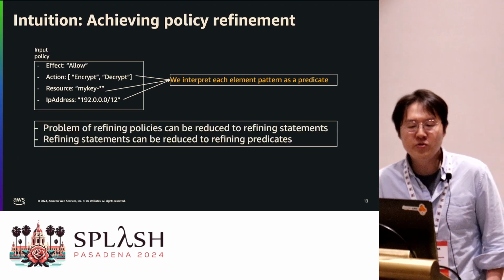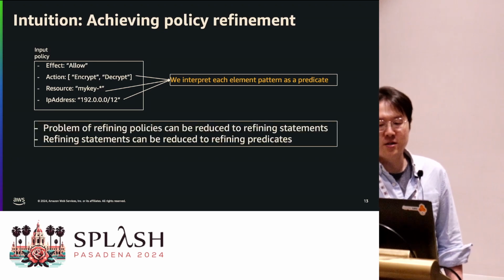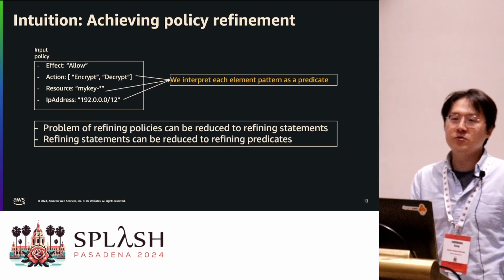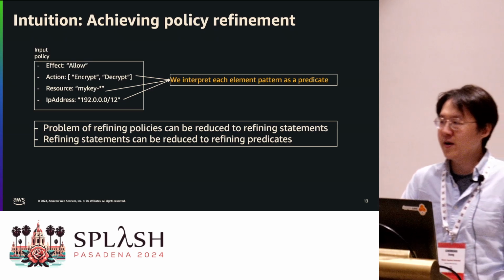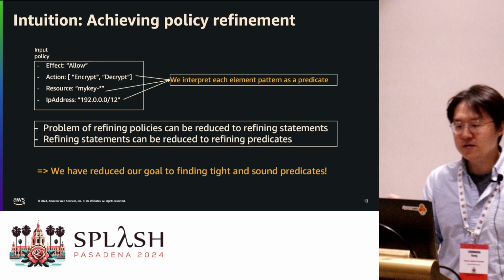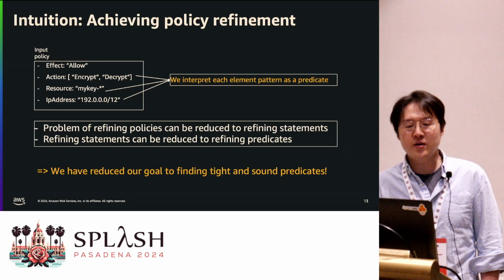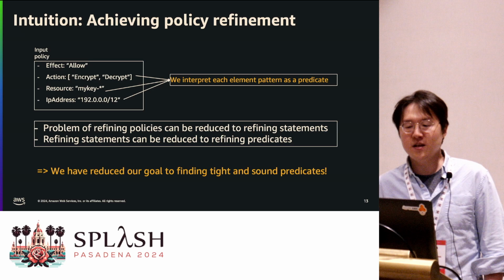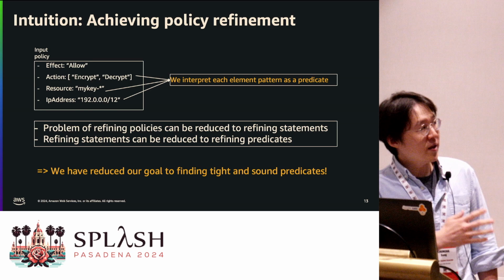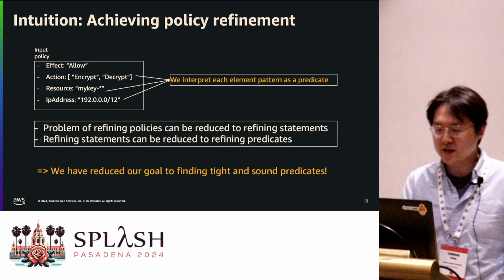So basically, we reduce the problem of refining policies into refining statements, and refining statements can be reduced to the problem of refining predicates. So our goal is to find sound and tight predicates, and this would result in achieving the right level of refined policy. Let's look at what these sound and tight predicates are.